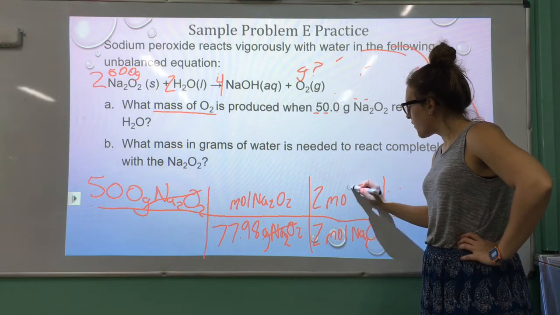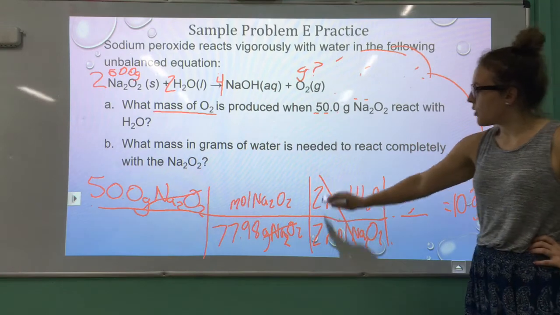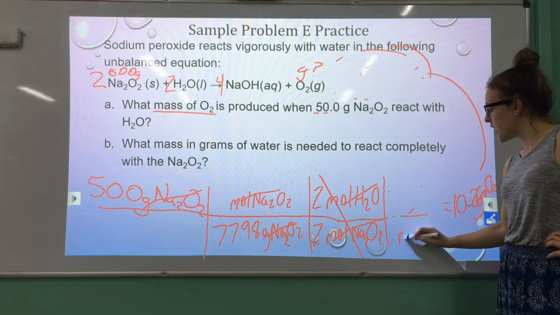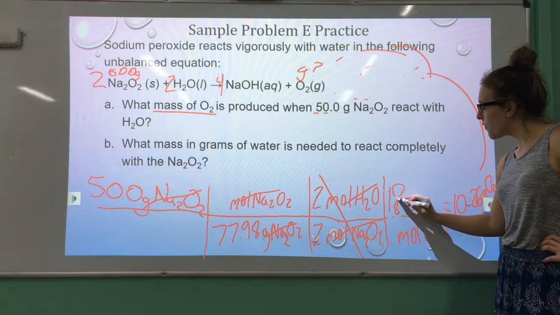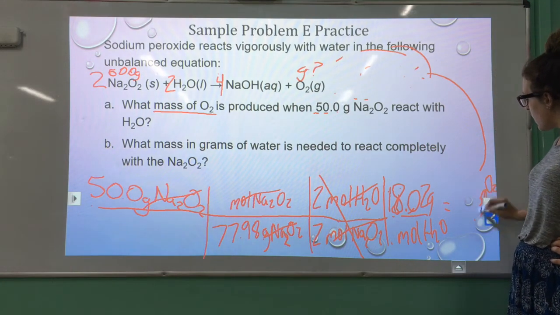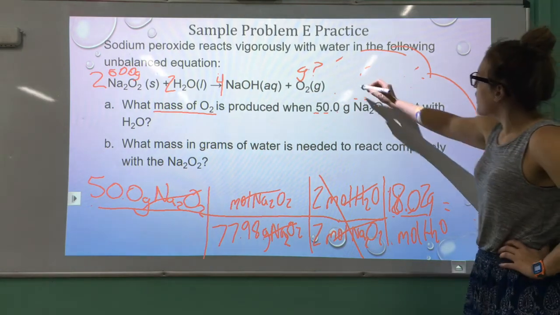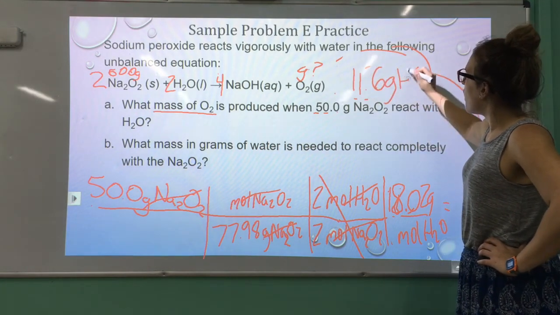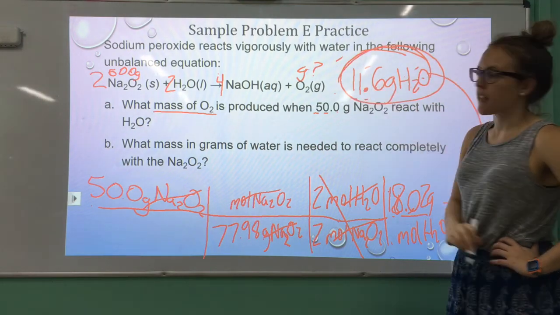So the 2 to 2 cancels out, and the moles cancel here and down here. What is the molar mass of water? 18.02. Then when we do the math for that, we get 11.6 grams of water.